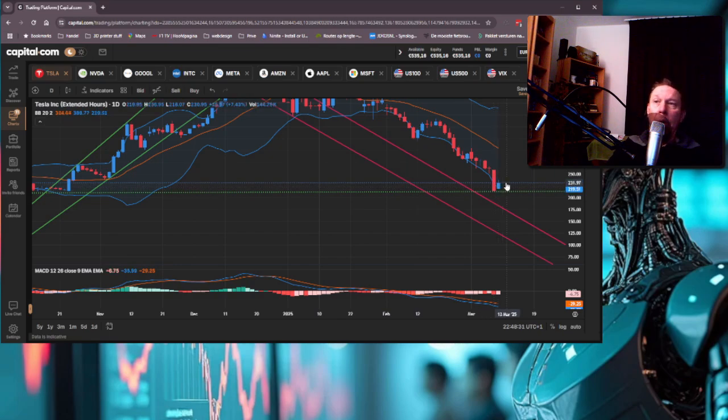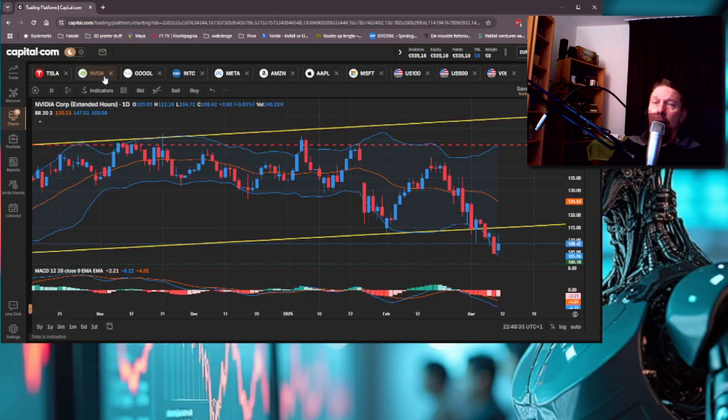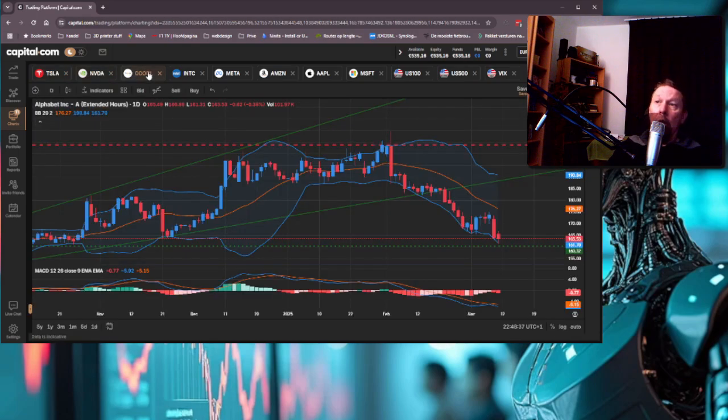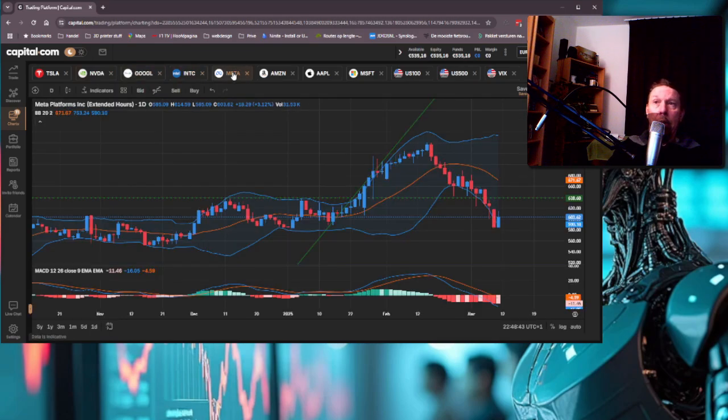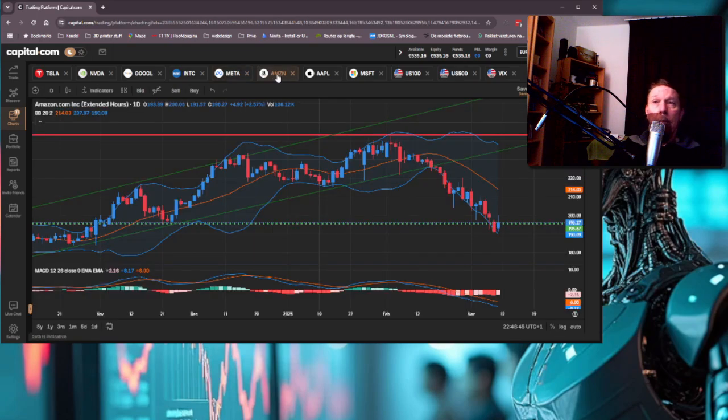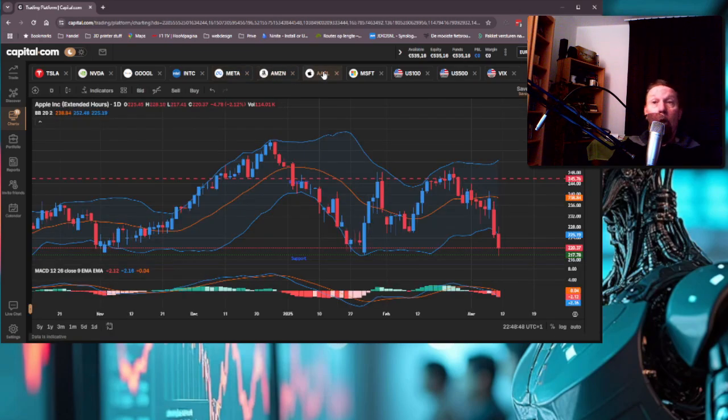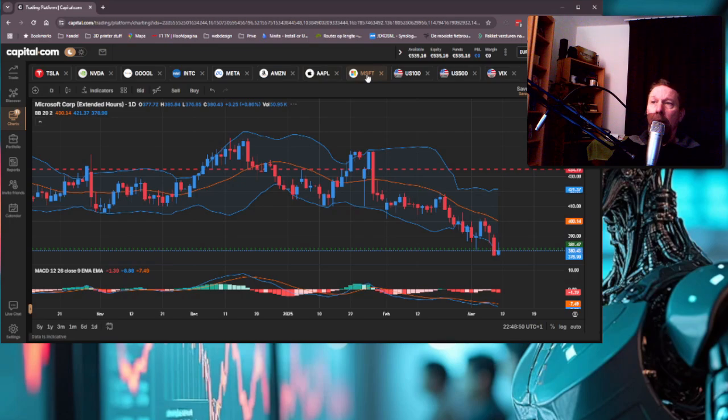So we had a blue candle on Tesla, Nvidia, blue candle, Google, red candle, Intel, red candle, Meta, blue candle, Amazon, blue candle, Apple, red candle, and Microsoft, a blue candle. So we had red and blue candles over the Magnificent 7.